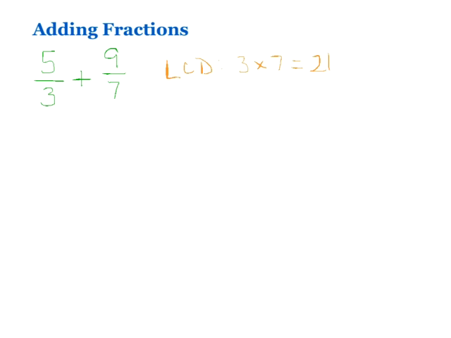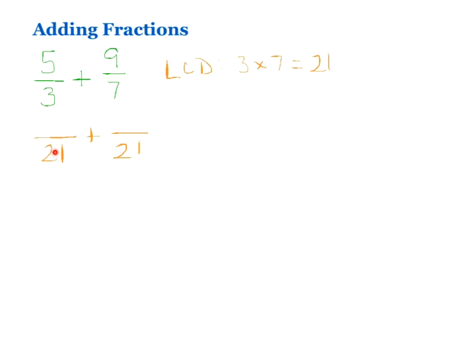So we can go ahead and rewrite each of our fractions, but now using the denominator of 21. Now when you do this, you have to ask yourself, what do I have to multiply by 3 in order to get 21? Well, the answer in this case would be a 7, and so I want to take the 5 also times the 7, so that this ends up being equivalent to this.